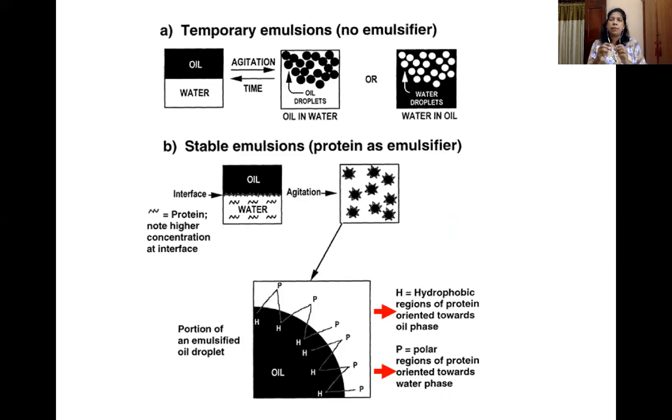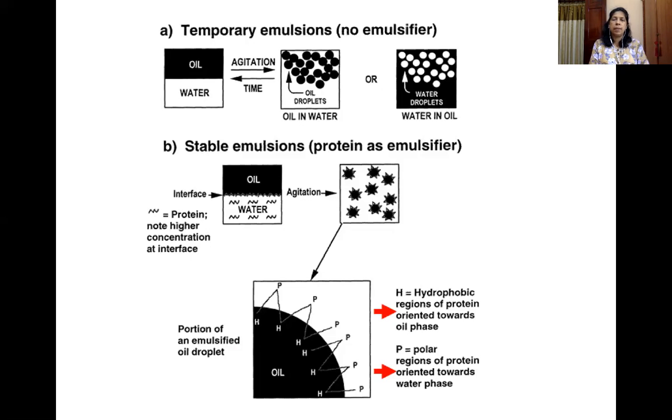So you can see small globules or small oil droplets inside the water. In the other case, if you put a very small amount of water into the oil, you can see water droplets in the oil, which is the major phase.